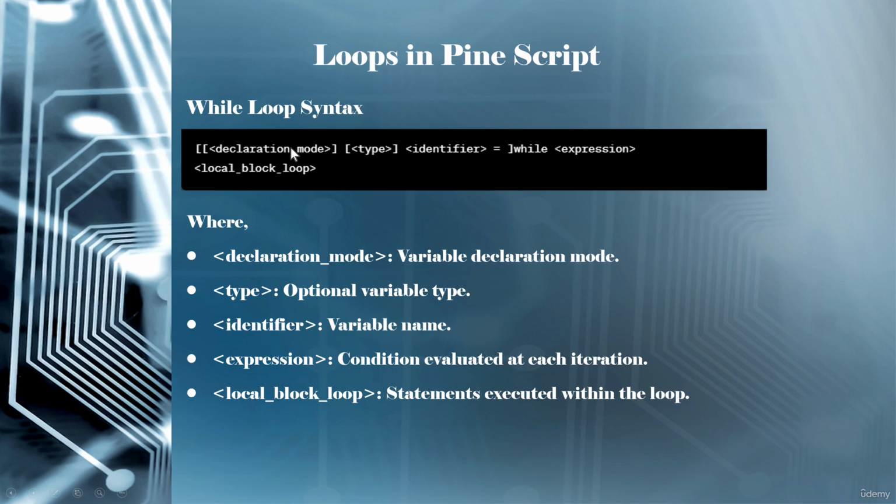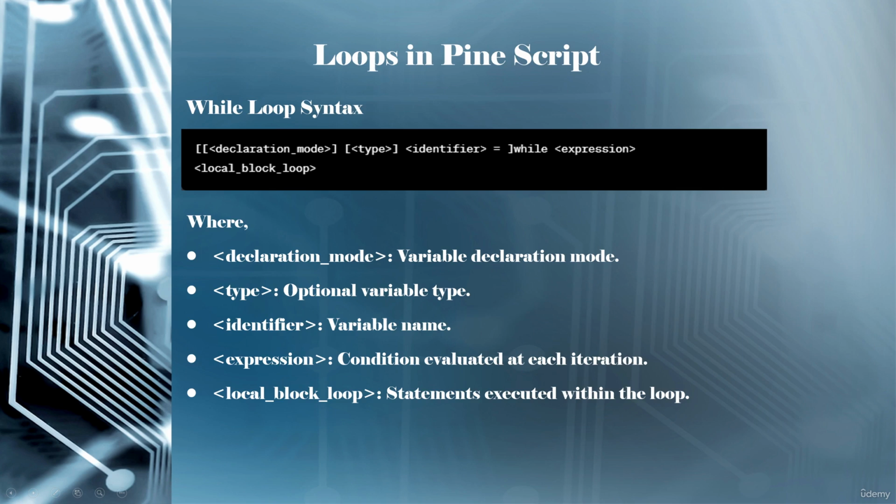Here declaration mode is variable declaration mode, type is the optional variable type, identifier is the variable name, then equal, and after that expression, which is a condition evaluated at each iteration, and local block loop, the statements executed within the loop.